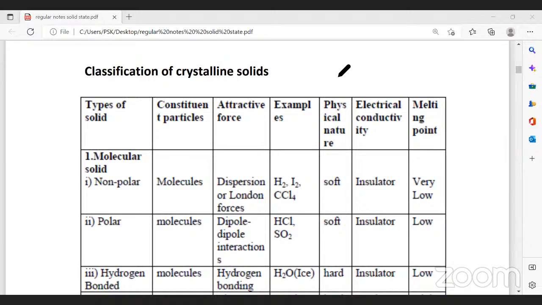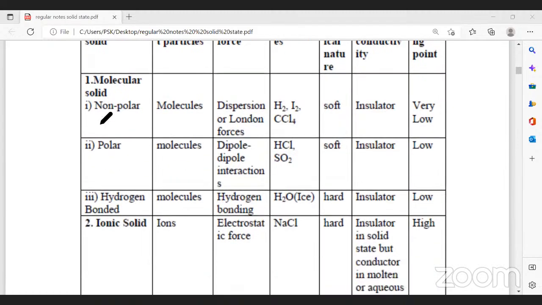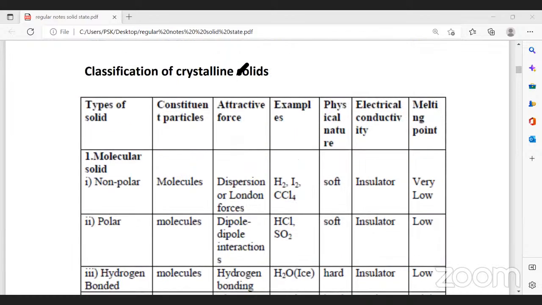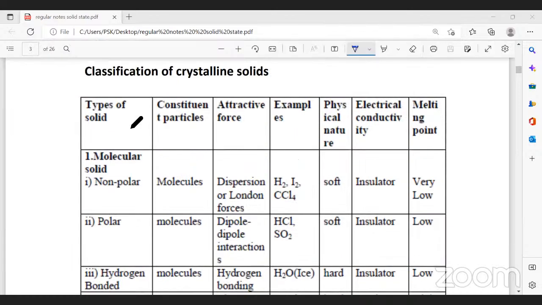All right. We'll continue with what we have learned from the last class. We learned in detail the types of solids. Solids are classified into 4 types.